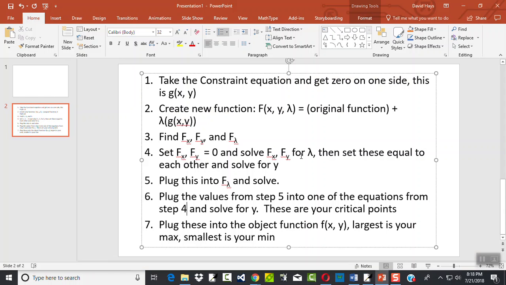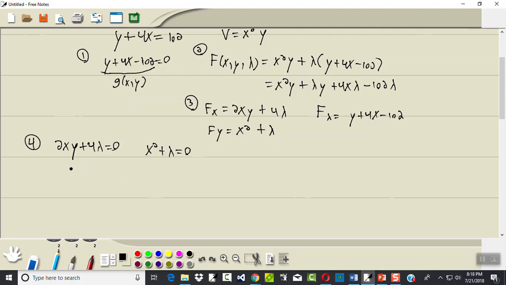I then say solve each of the partials for lambda. So here, take the 2xy over, becomes a negative 2xy. Divide both sides by 4, and you get lambda is equal to negative 2/4 or negative 1/2 xy. And here, take the x squared over, becomes a negative x squared.